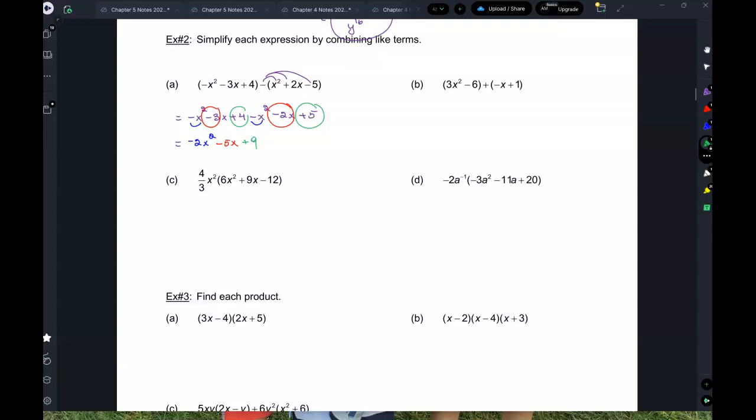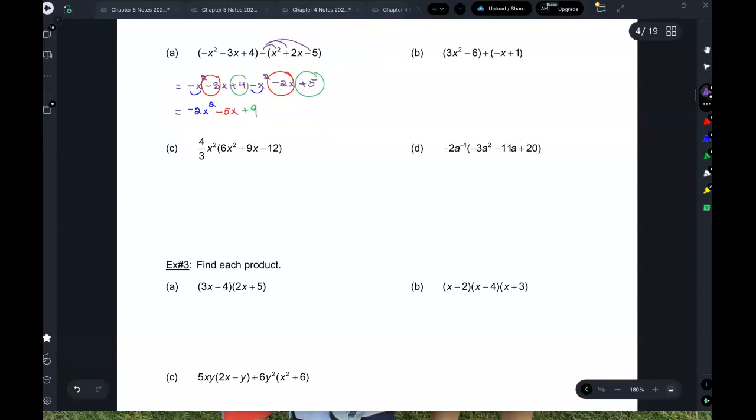All right, let's move down to C. Distribute. Even at this age, I like to do those arcs so I know not to forget something. So 4 over 3 x squared times 6x squared plus 4 over 3x squared times 9x.